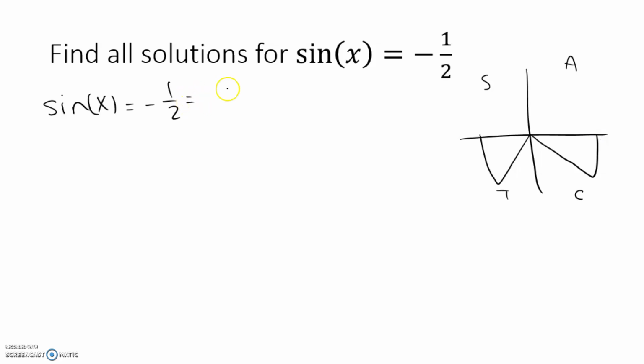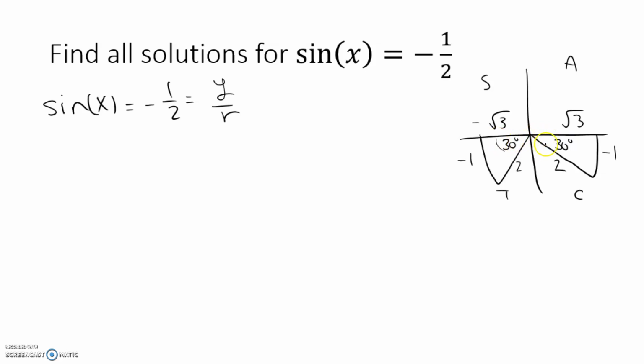This is y over r. Remember, r cannot be negative, so this must be a negative 1. So negative 1 for y, a 2 for r. And if I got a 2 and a 1, this has got to be a square root of 3, and this one will be negative. Straight across your 1s, these will be 30 degrees. This is coming from our special triangles.